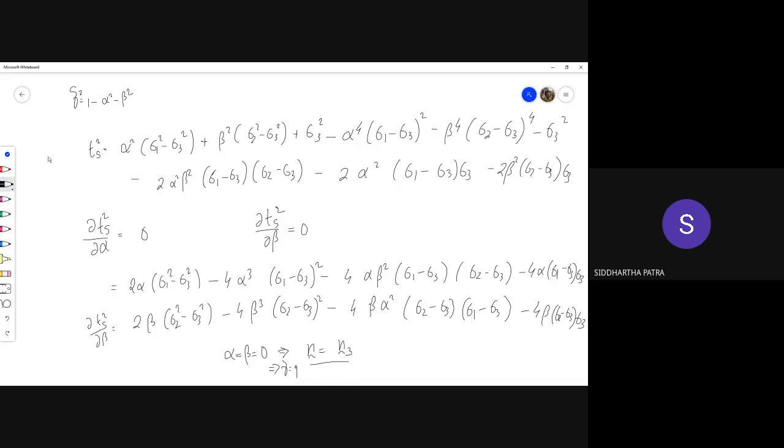We are simply trying to get the maximum of TS squared. So what do we do next? Definitely alpha and beta are both not equal to 0. As we can see from this expression, we can divide either side by alpha, and that would lead us to the following equation.